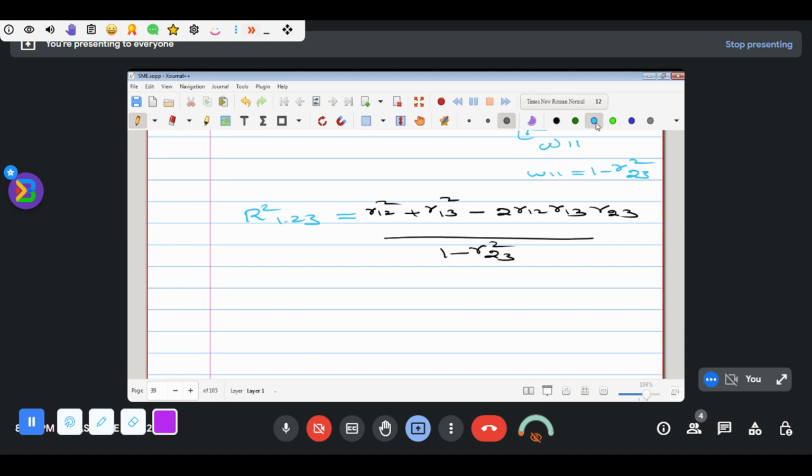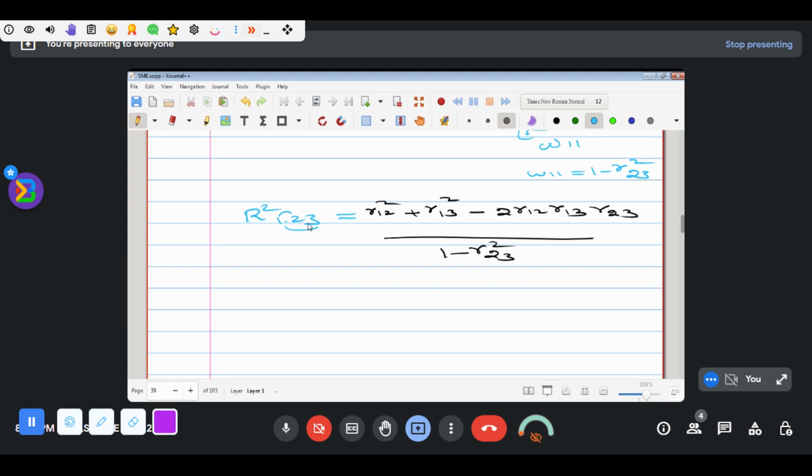So how to memorize this formula? Very easy. For R squared 1.23, the combination 1 2, 1 3 is taken: R12 and R13 squared.